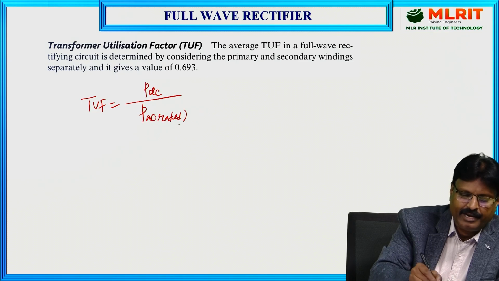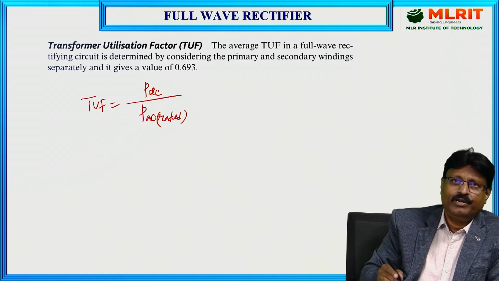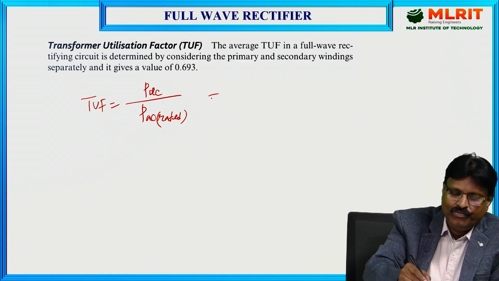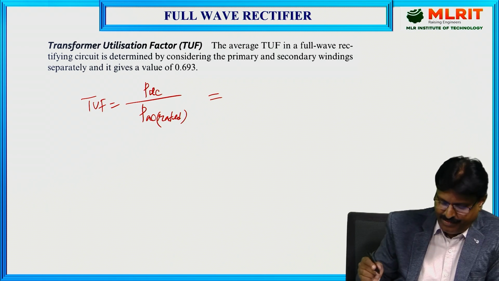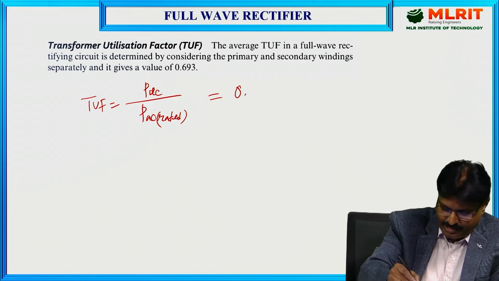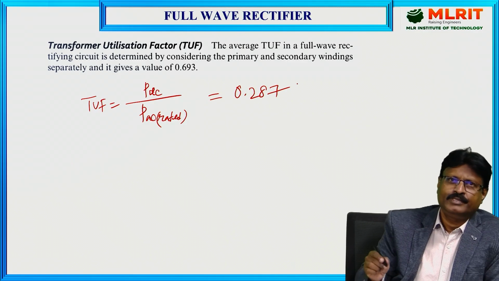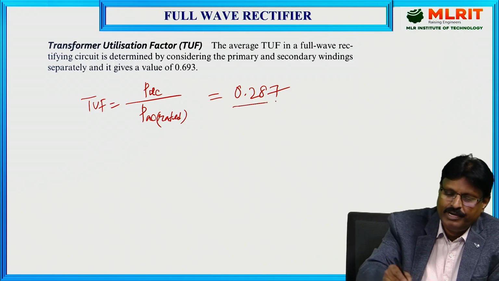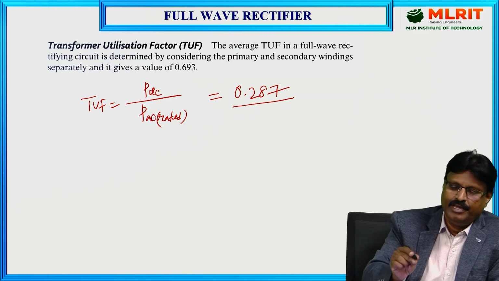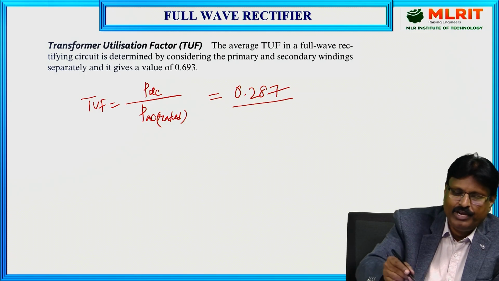By taking this formula into consideration, we calculated the TUF value of a half wave rectifier, and we got the value as 0.287. You can refer back if you want. Kindly keep in mind this value, that will be used later. So here, the TUF value of full wave rectifier.